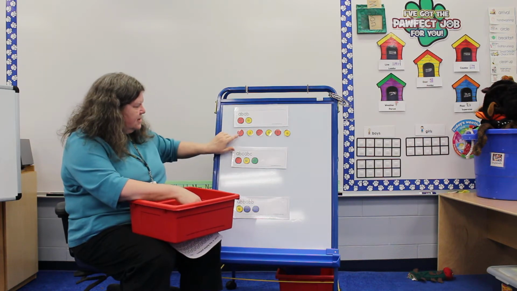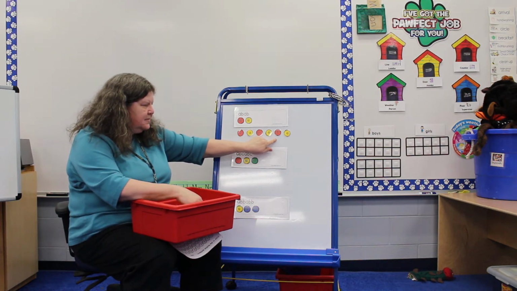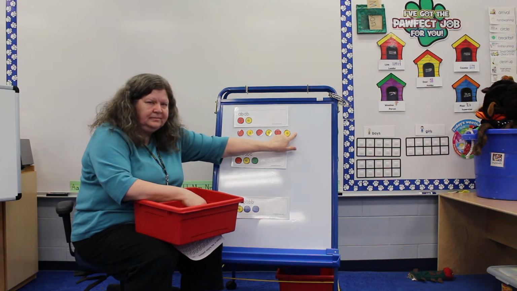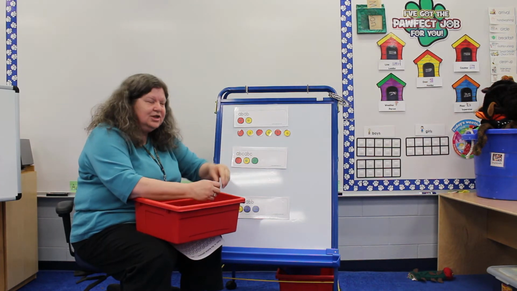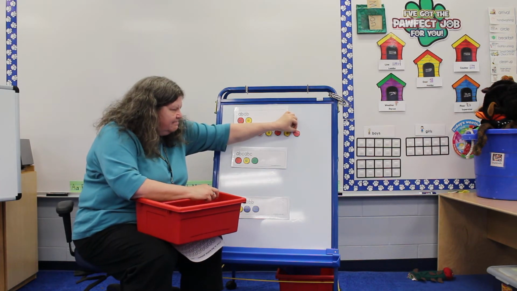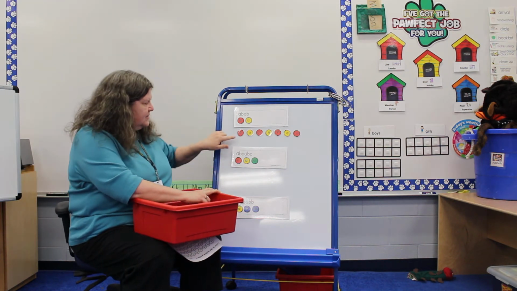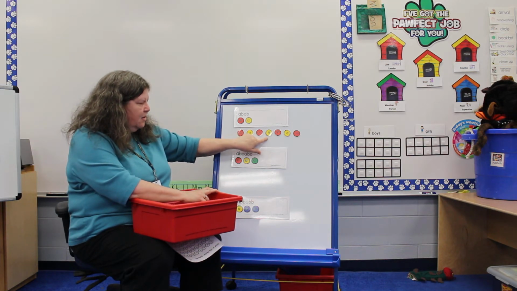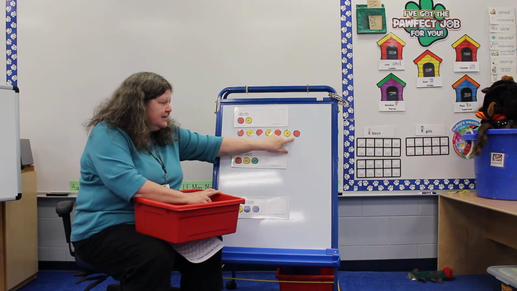The pattern is red button, yellow button, red button, yellow button, red button, yellow button. What goes here? If you just guessed a red button, you were right. Now it's red button, yellow button, red button, yellow button, red button, yellow button, red button.